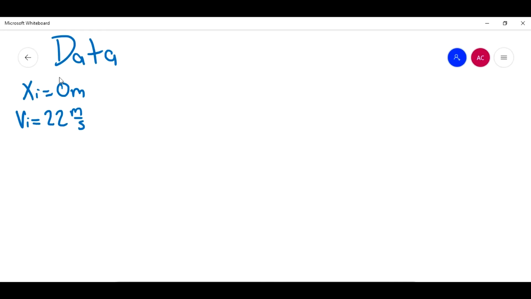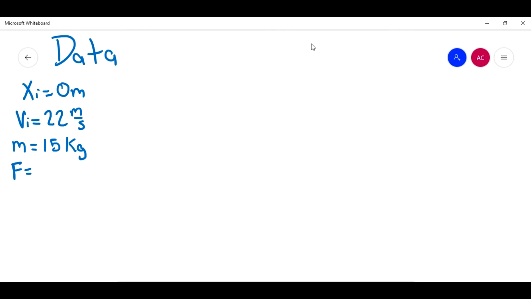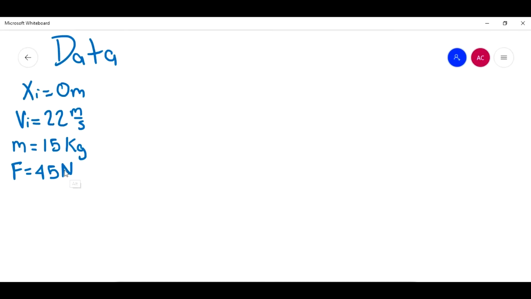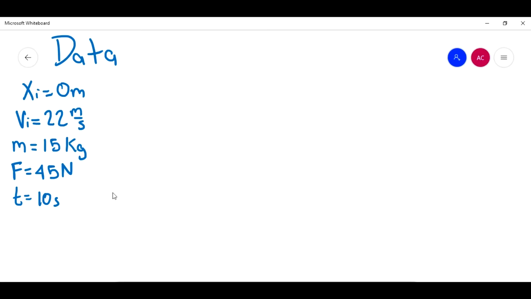The mass of the body is 15 kilograms. There is a force that acts on this body that is 45 newtons. The time is 10 seconds. And I need to find the distance that the body travels with constant acceleration, so I need to find the final position.